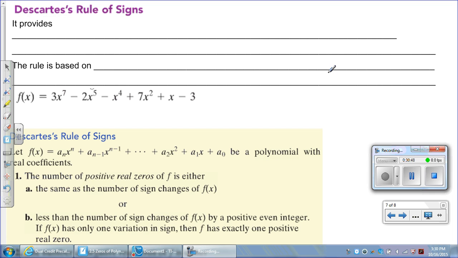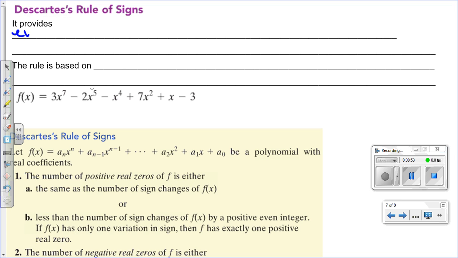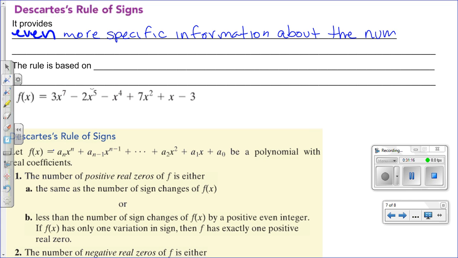And so this rule of signs provides even more specific information about the number of real zeros that a polynomial can have.